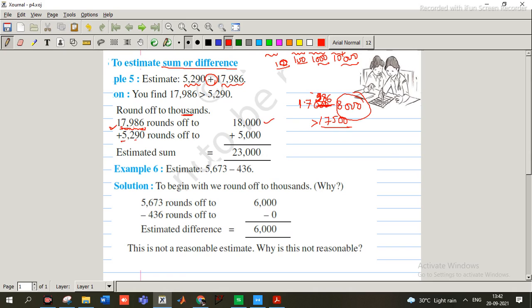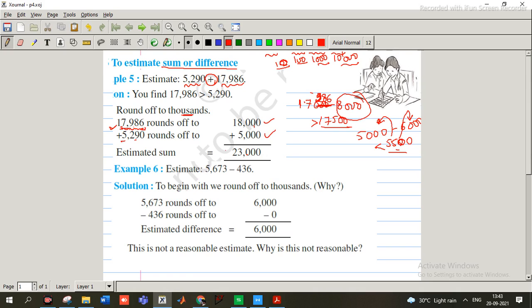For 5290, the round off will be between 5000 to 6000. Whichever number is less than 5500 will come in this category, and a number greater than that will come in the other category. Since it is less than 5500, I'll take it as 5000.